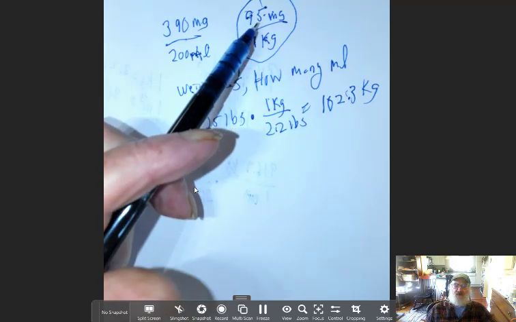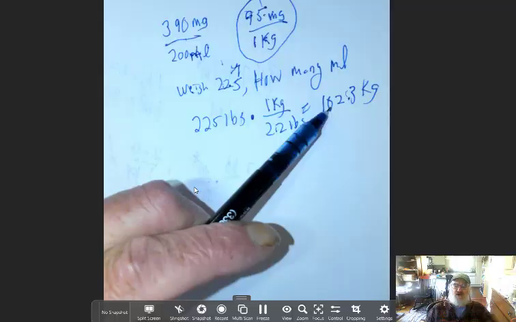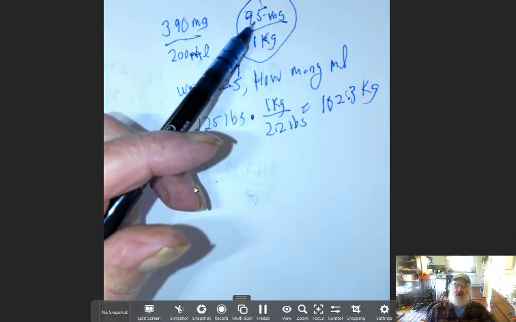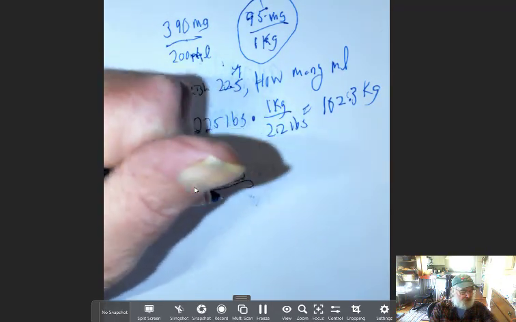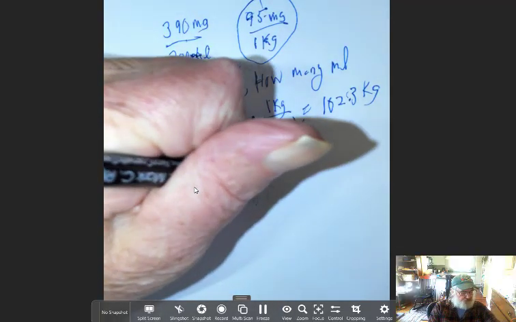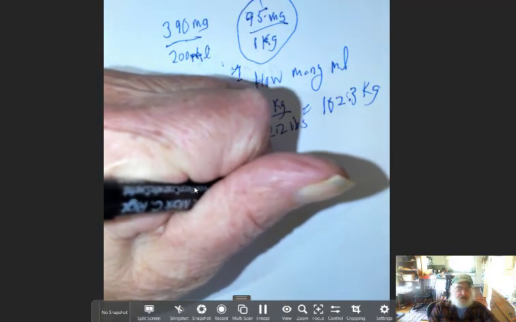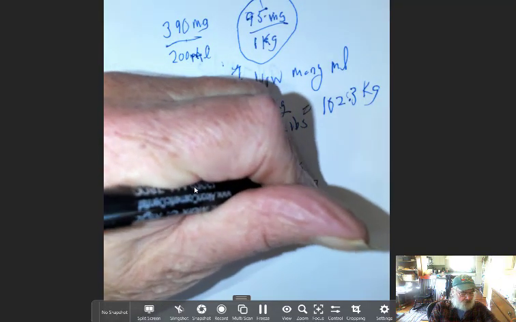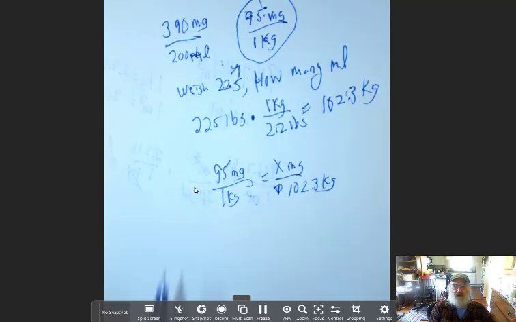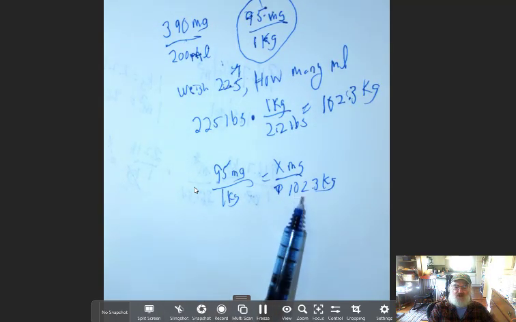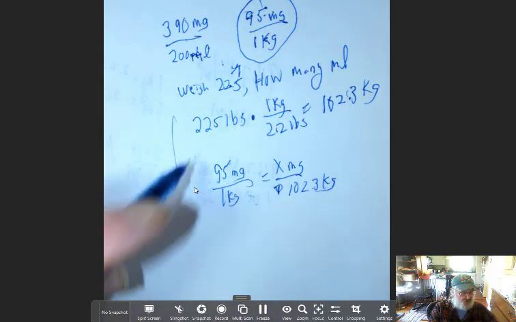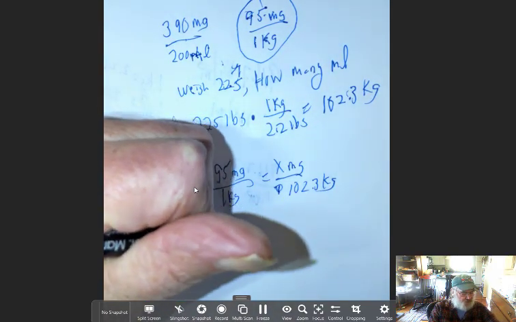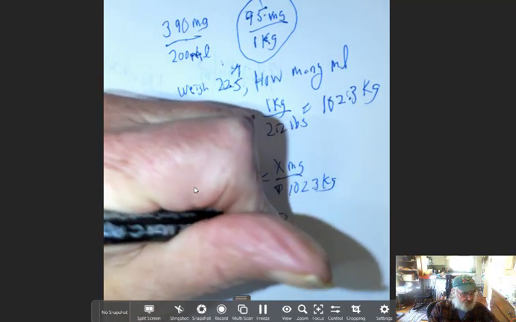So if it's 95 milligrams for every kilogram, and this person weighs 102.3 kilograms, I can just multiply 95 times 102.3. That is how many milligrams you're going to need to administer to this person.